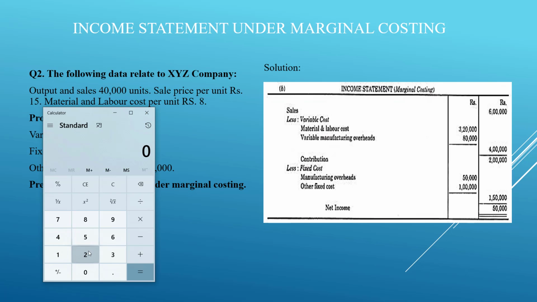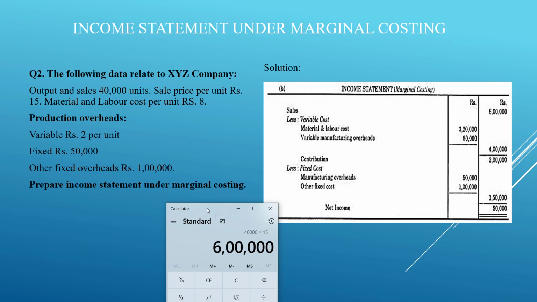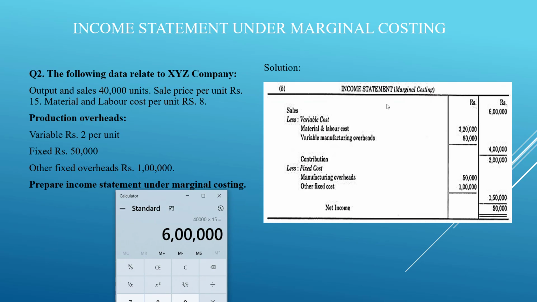So let's see now, 6 lakhs. How did we get 6 lakhs? We got it as 40,000 into 15, right? So we'll get 6 lakh rupees here. This 6 lakh rupees is your sales. Now from this sales you have to minus the variable cost, or the marginal cost.